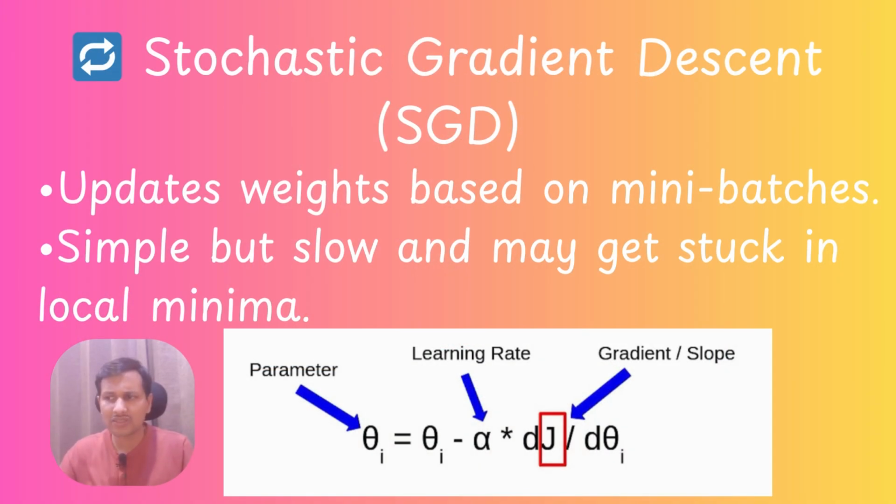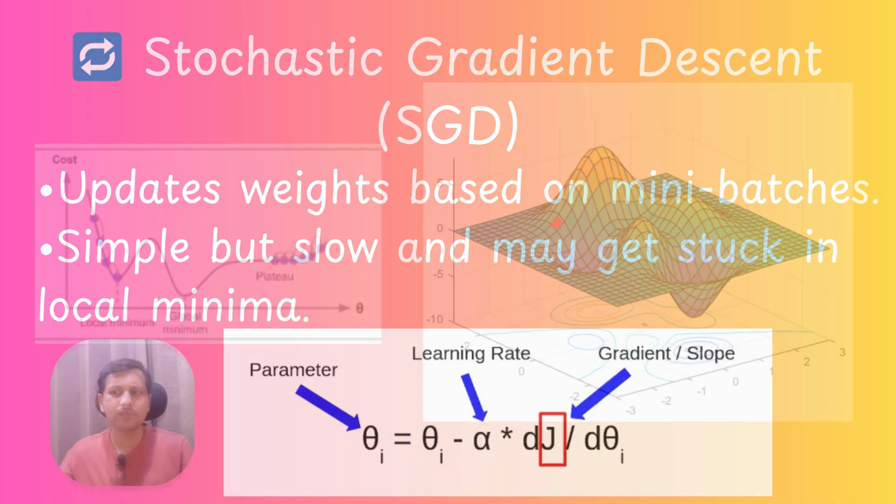Now let us talk about stochastic gradient descent. We update weights based on mini batches. It is simple but slow and may get stuck in local minima. Theta new is equal to theta old minus learning rate into gradient, the slope. So it is a function of theta and the learning rate multiplied by the gradient of the loss function.